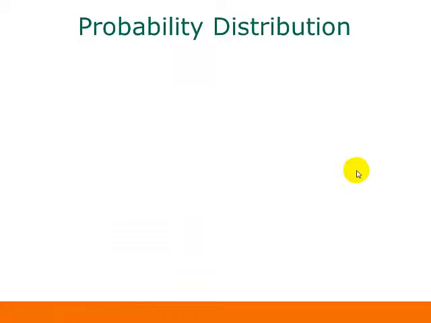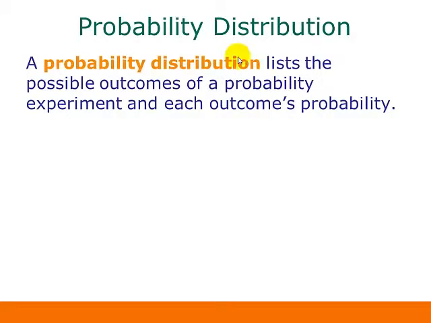Now in this section we're going to talk about a probability distribution, and here we're just talking about a probability distribution as a table that lists the possible outcomes of a probability experiment and each outcome's probability. We'll get a little bit more specific about probability distributions in the next chapter.